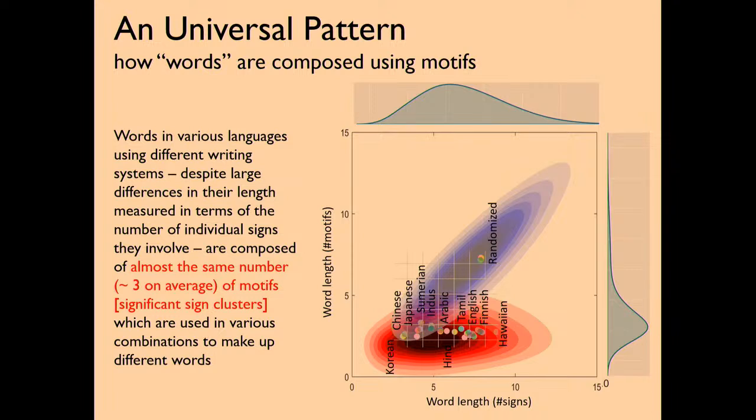So long words in terms of signs would also be long words in terms of motifs. But if you look at real languages, it turns out that they have roughly the same length in terms of motifs. So this is basically a preview of what Ashraf is going to talk about tomorrow.